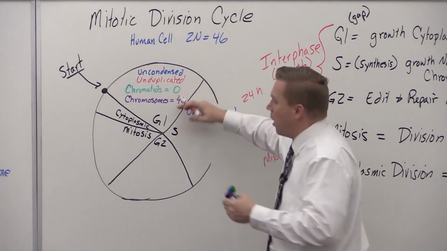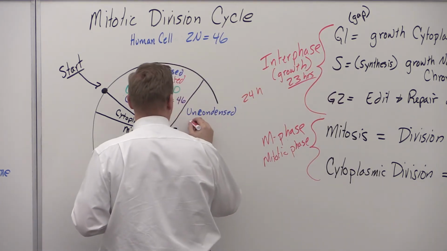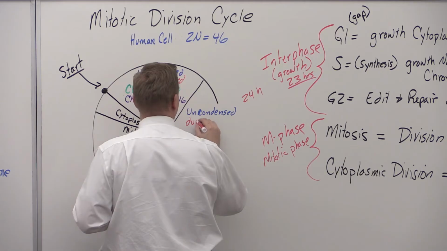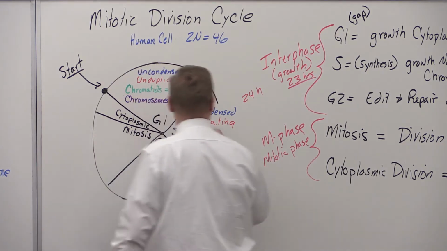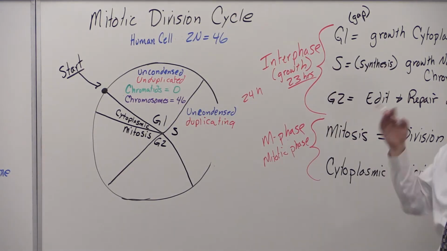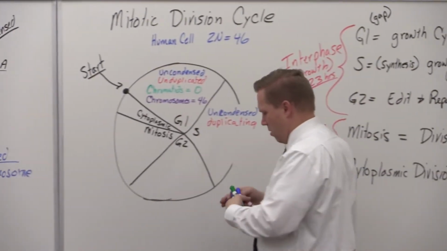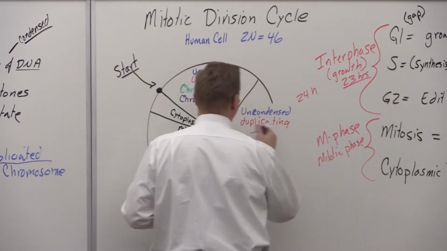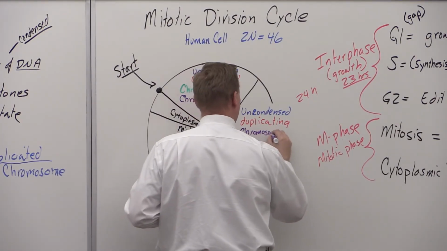So, depending on where you are in the S phase, they are duplicating. Instead of duplicated, meaning it's done, I'm going to put down duplicating. So it gets a little bit complex in S phase because they're in the process of being duplicated. The number of chromosomes in purple is still 46.